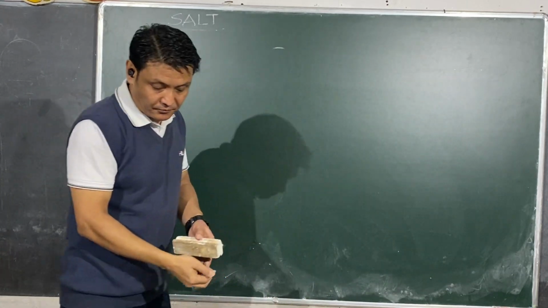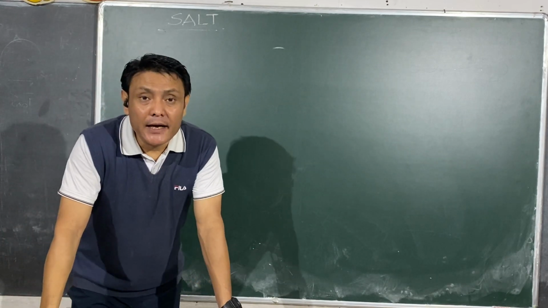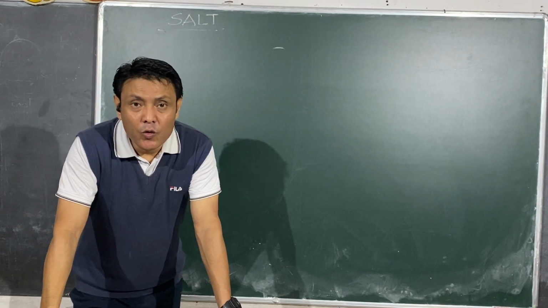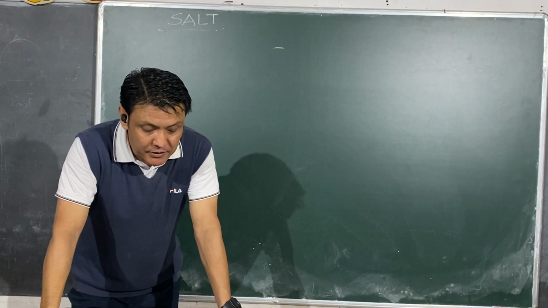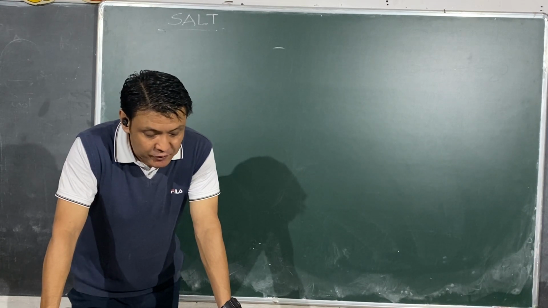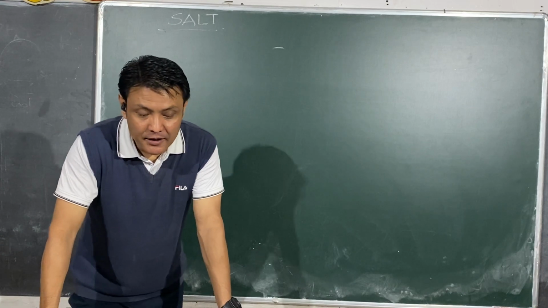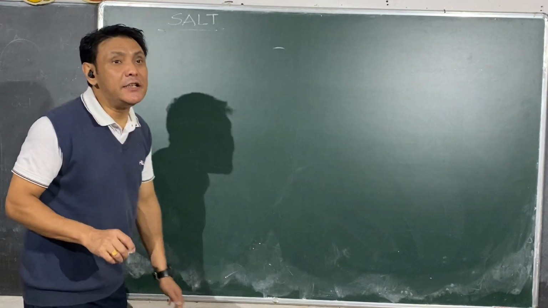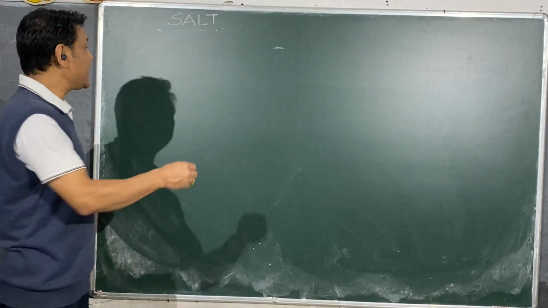Now, another way we can explain what a salt is. A salt is an ionic compound which dissociates a positive ion other than hydrogen ion and negative ion other than hydroxyl ion. If a compound releases hydrogen ion as the only positive ion, what is it? It is an acid.